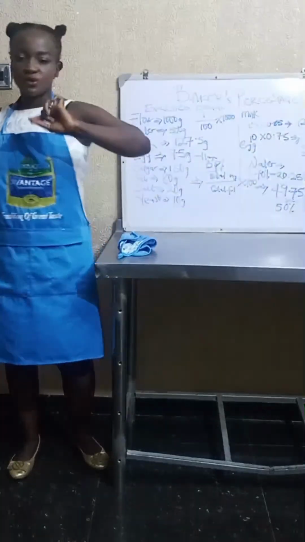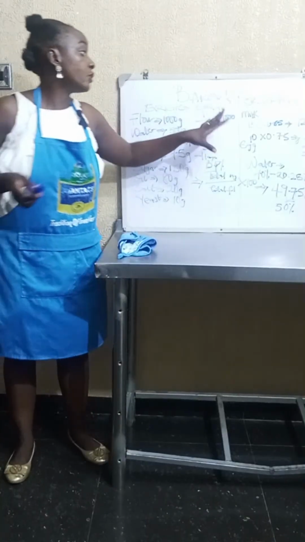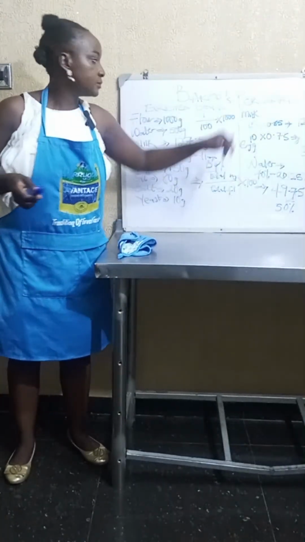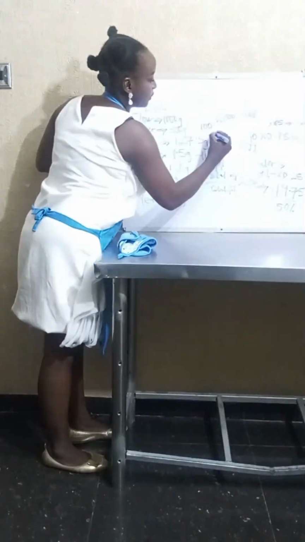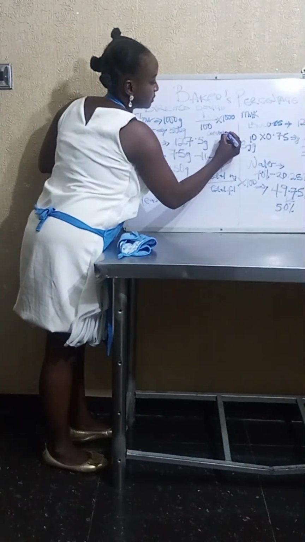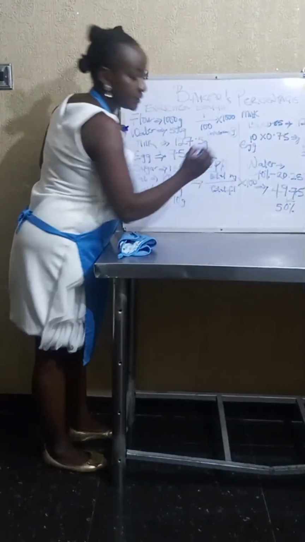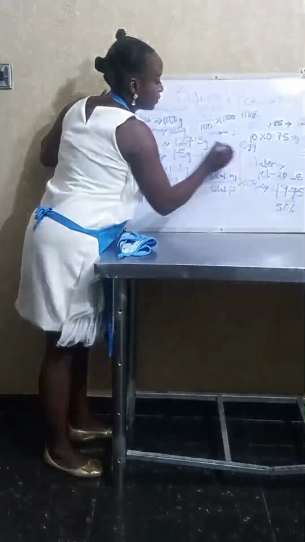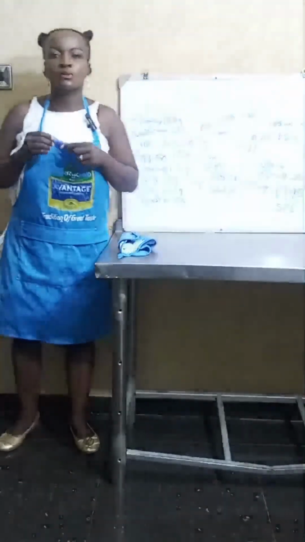So when you know what your flour is, you can insert them so that you can convert them into a particular gram, and then you work with this conversion. This is the baker's percentage formula. But this is what you do when you want to convert it to grams to get the exact weight.